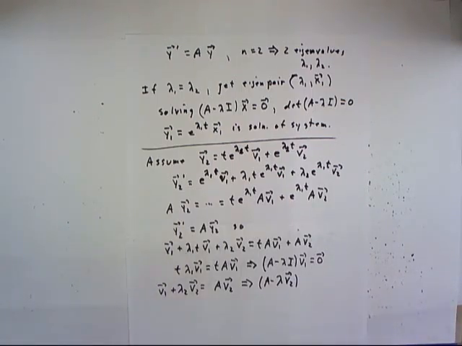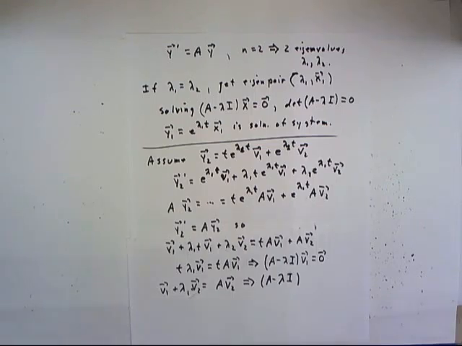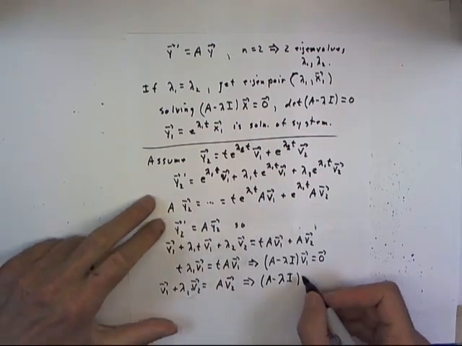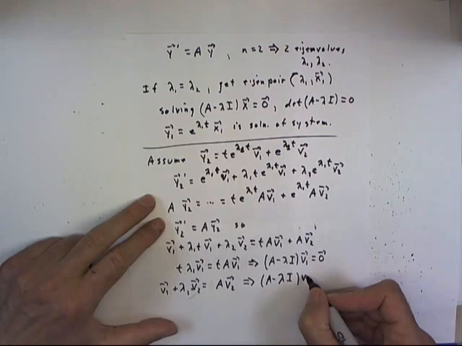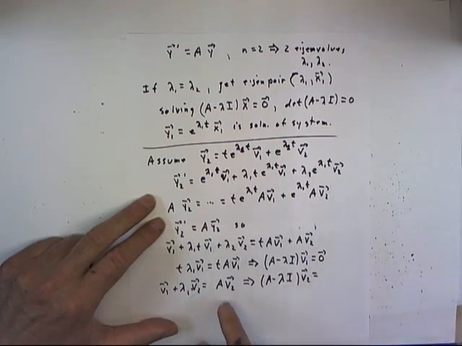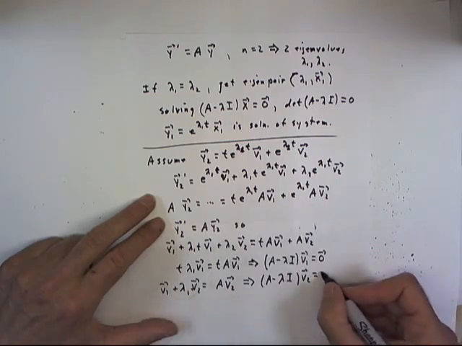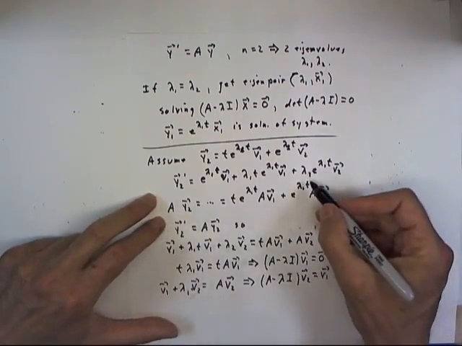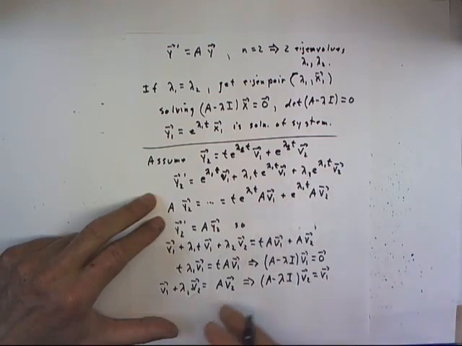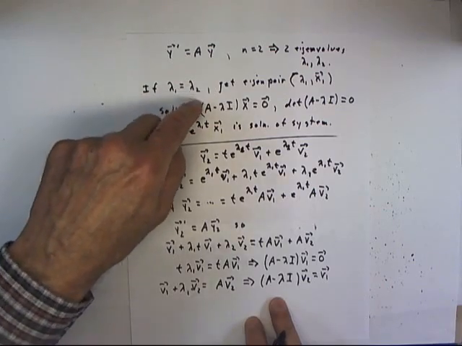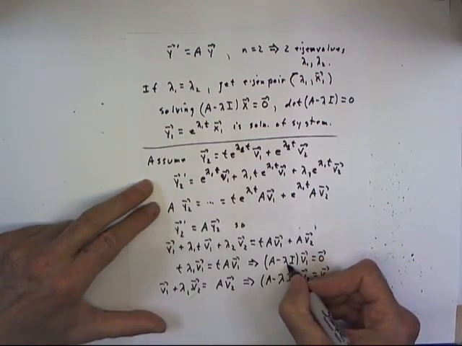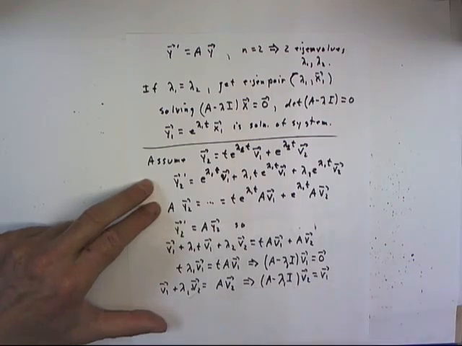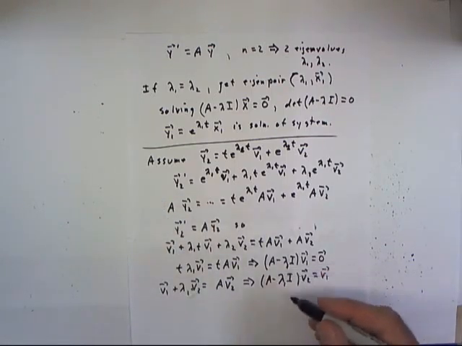My original error was to write A v2 here where it should have been A minus lambda I times v2. That's what we get on one side, and we get v1 on the other, very similar to what we got before. I also had a lambda 2 up here and here. That technically wouldn't have been wrong because lambda 1 and lambda 2 are identical, but it confuses the issue, so since I'm putting 1s on all my lambdas, I'll do it here as well.